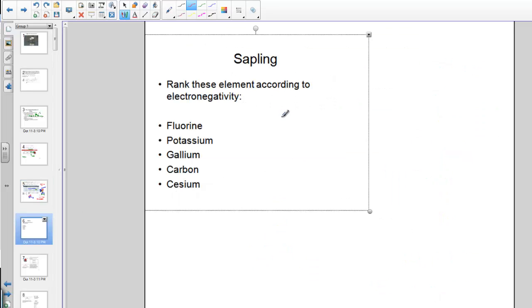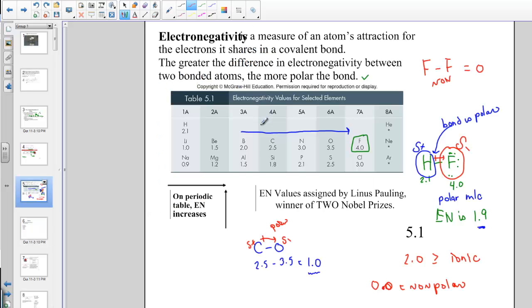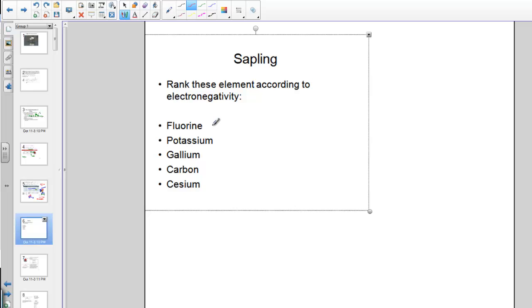So with that in mind, let's rank these elements according to their electronegativity. So either with the electronegativity value or just the periodic trend, we're going to be able to assign numbers. The closer you are to fluorine, the more electronegative you are. And so I say fluorine has a value of 4.0. How about potassium?